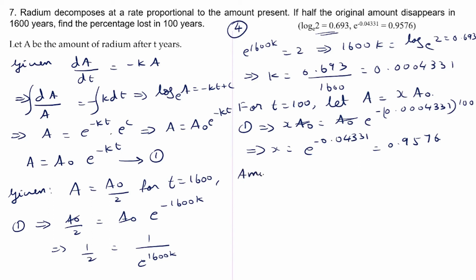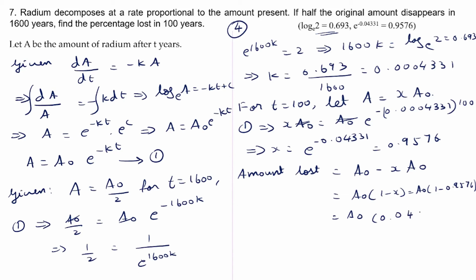So the amount lost will be equal to A naught minus x into A naught, or it is A naught into 1 minus x, which is A naught into 1 minus 0.9576. So this is A naught into 0.0424.